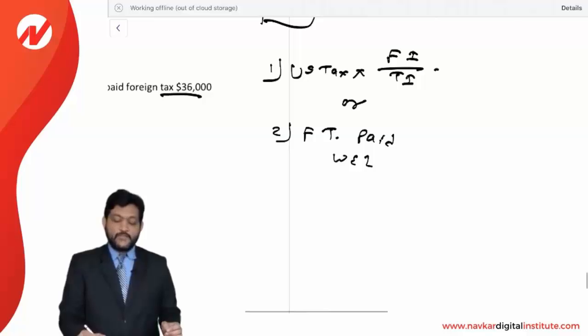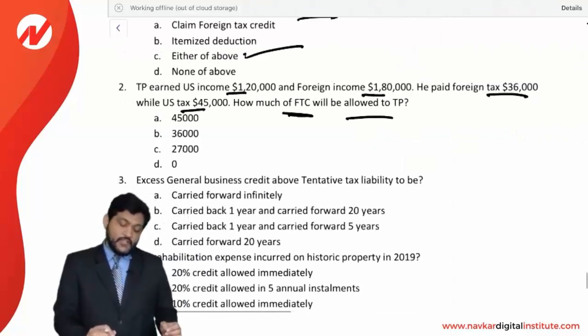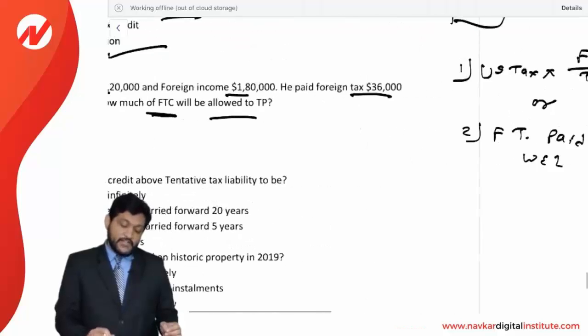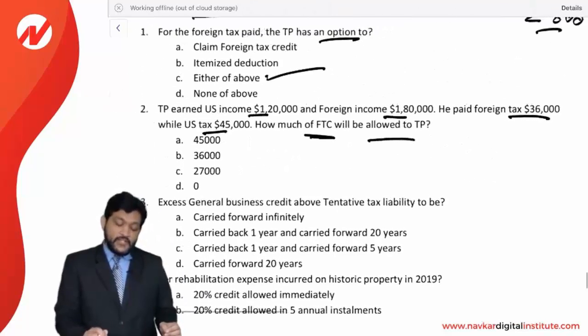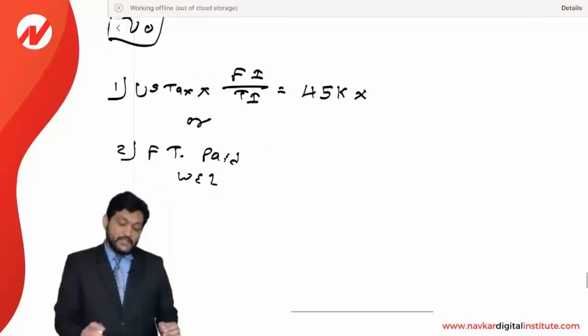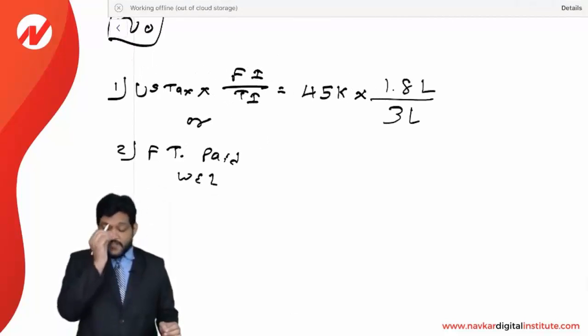Now first of all, let's find the US tax. How much is the US tax? 45,000. US income 120, foreign income 180. So first of all, putting here 45,000 into foreign income, which is 1,80,000, and total will be 3 lakh, 180 plus 120.